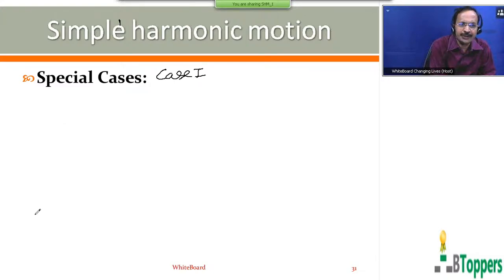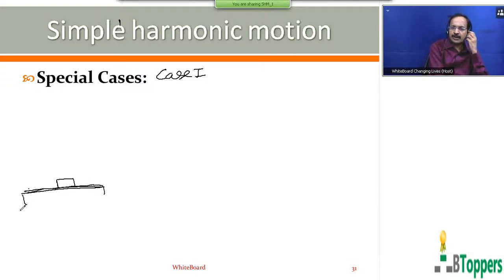Let us consider a block of mass m which rests on the horizontal surface of a platform or a piston that oscillates in the vertical direction, performing simple harmonic motion with displacement amplitude A and angular frequency omega.